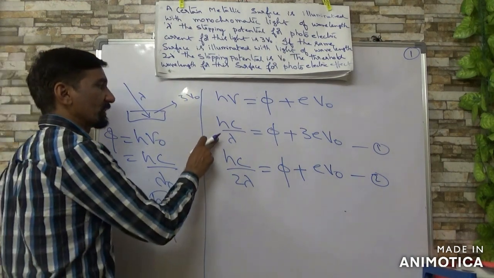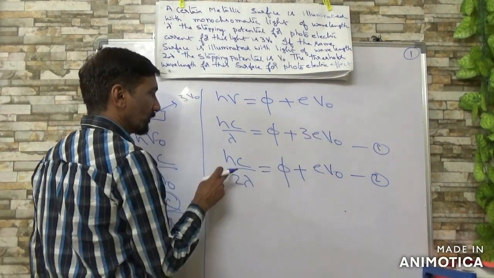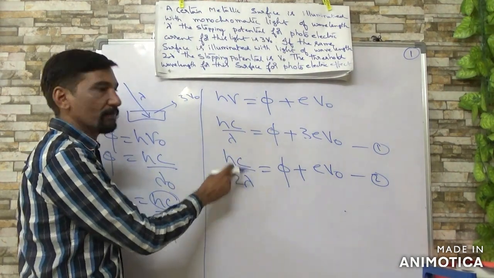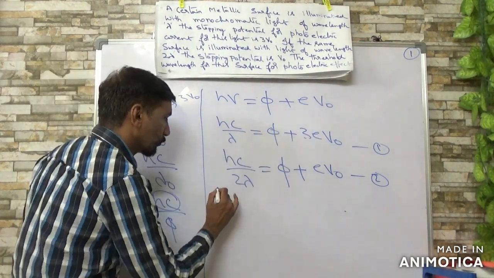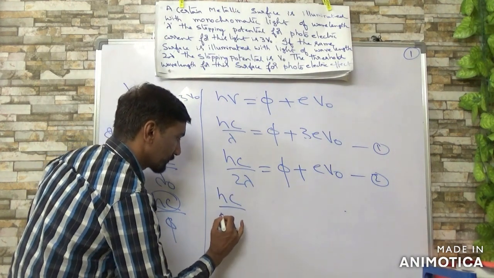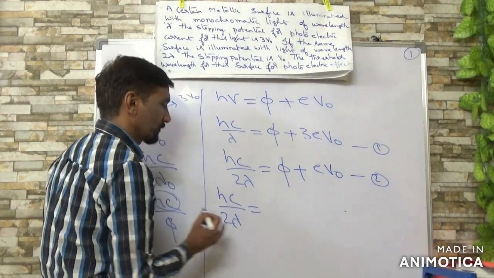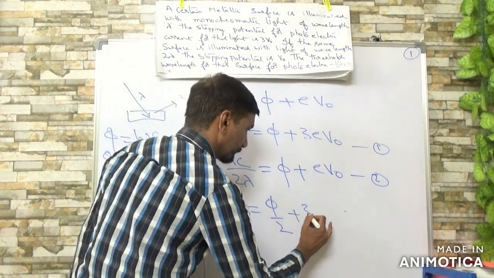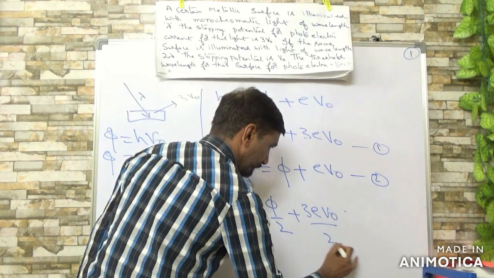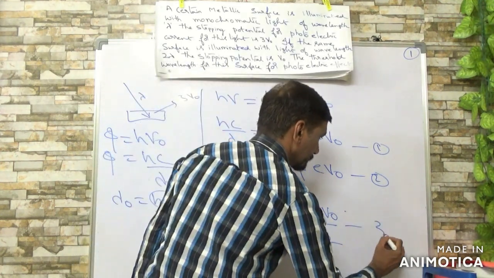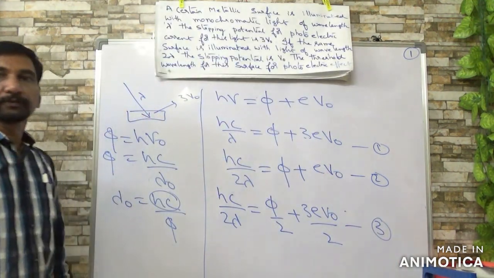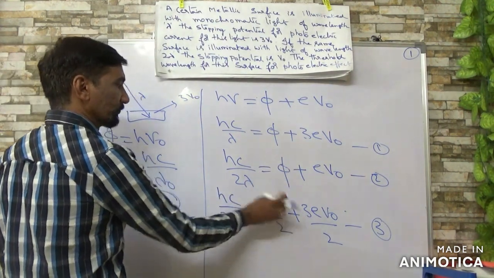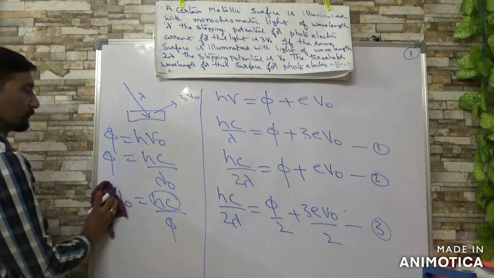Now you divide this equation by 2 so that you can equate and solve. It is hc by 2 lambda. So divide this by 2. You want to equate these two, so that is why you are equating.